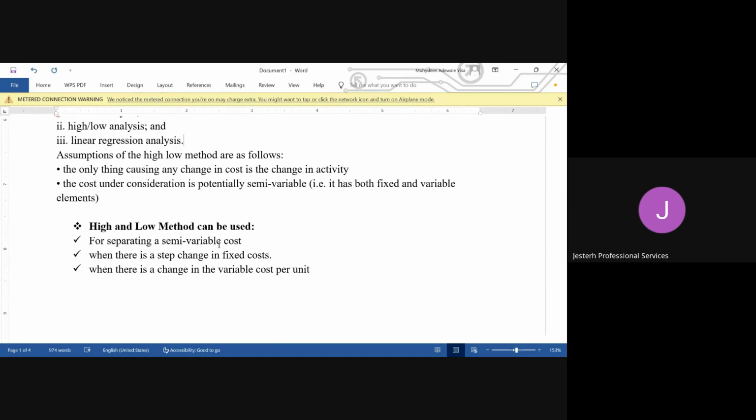For example, we are producing 10,000 and then want to increase it to maybe 12,000. The fixed cost that we budgeted for that 10,000 now requires us to add some amount to it.